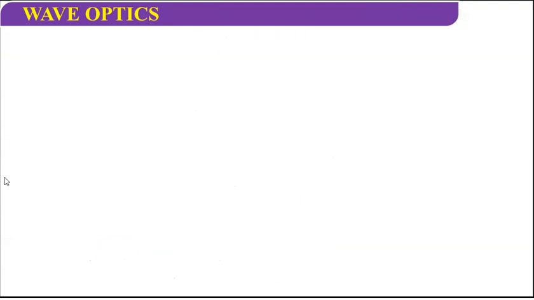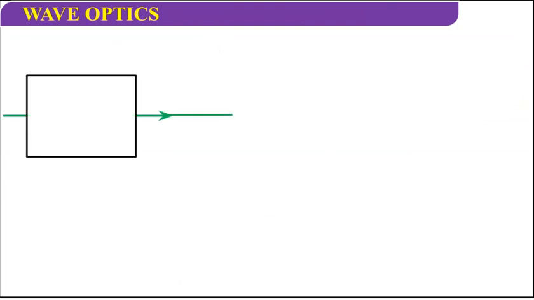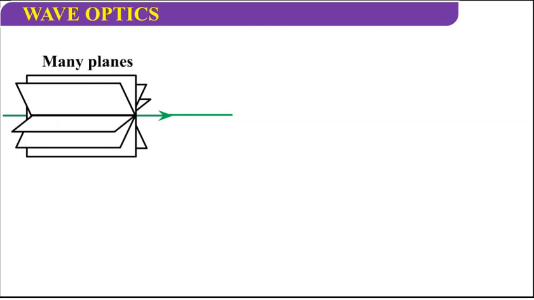Moving ahead, if we take unpolarized light, it has many planes. See students, many planes are only applicable for unpolarized light. In plane polarized light, there will be a single plane.